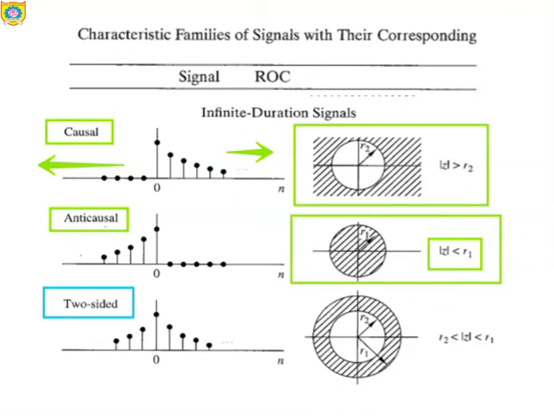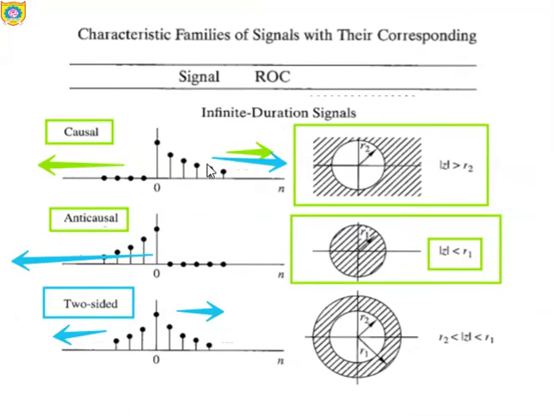Two-sided means that the sequence extends towards the right side as well as the left side. For the anti-causal case, it is normally provided to the left hand side, and for the causal case, normally only to the right side. So just cross check these two points.